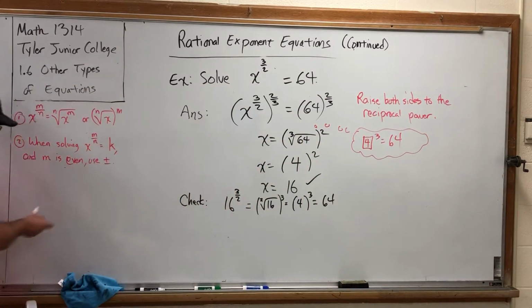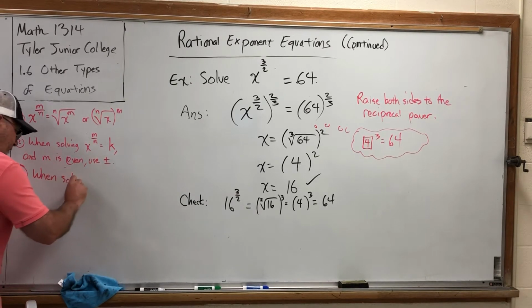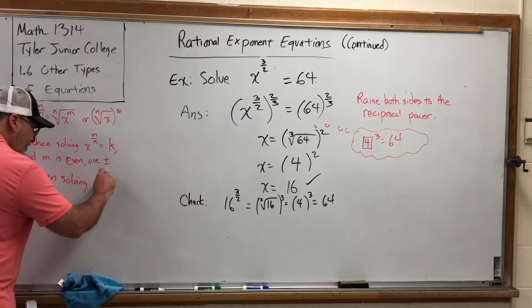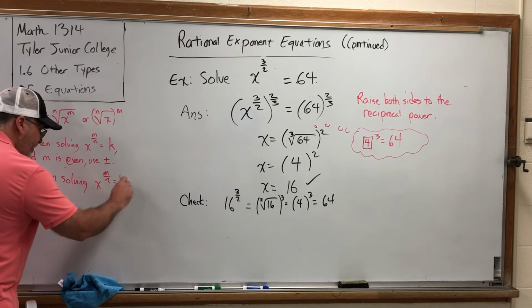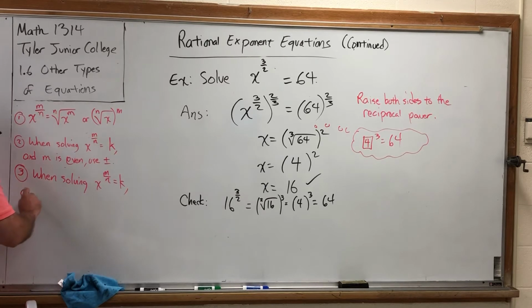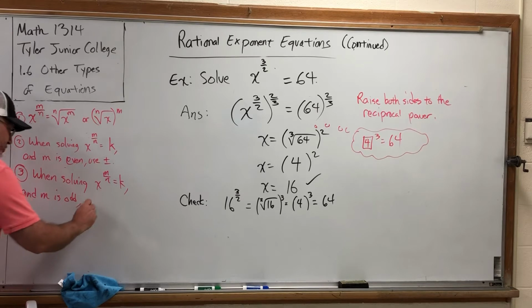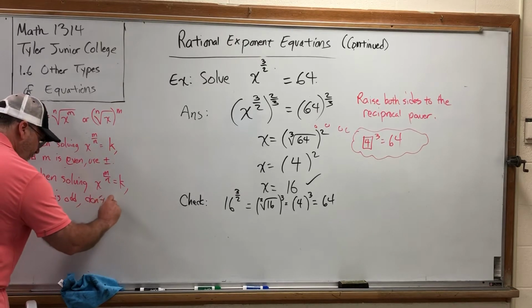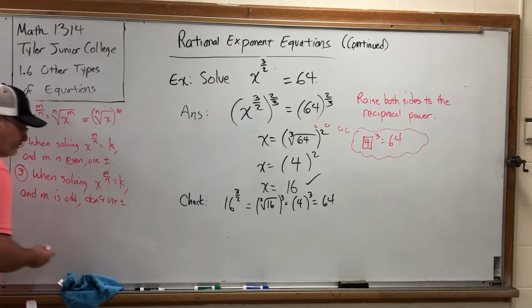So just for completion, when solving x to the m over n power equals k, and m is odd, don't use plus minus.